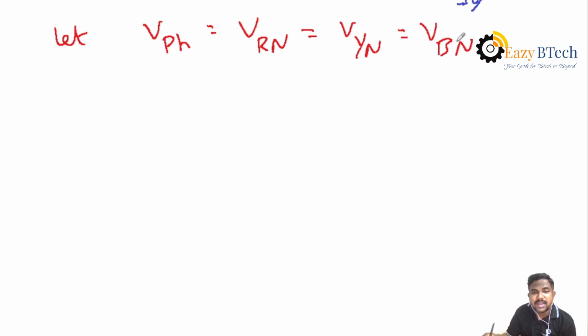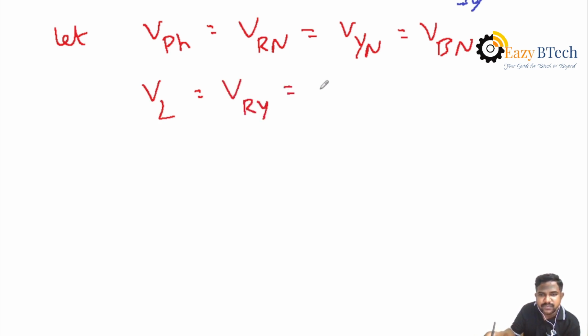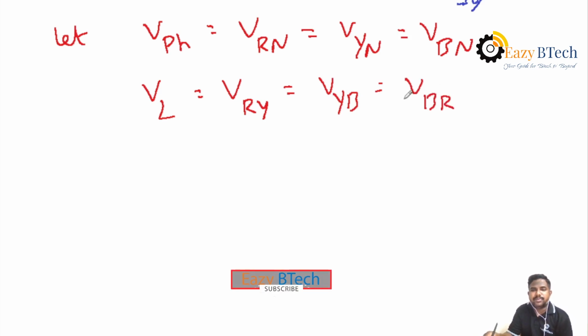These are called the phase voltages. Line voltage is nothing but the voltage between two phases, that is VRY, VYB, VBR. These are called the line voltages, while VRN, VYN, VBN are called the phase voltages.